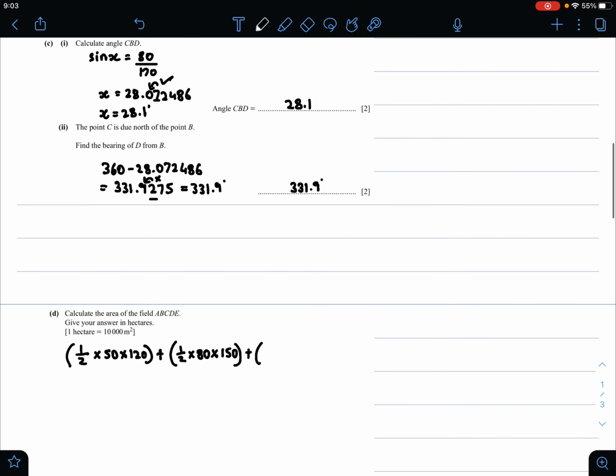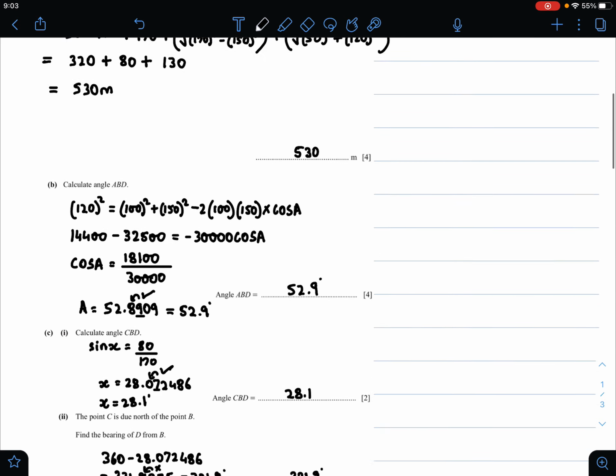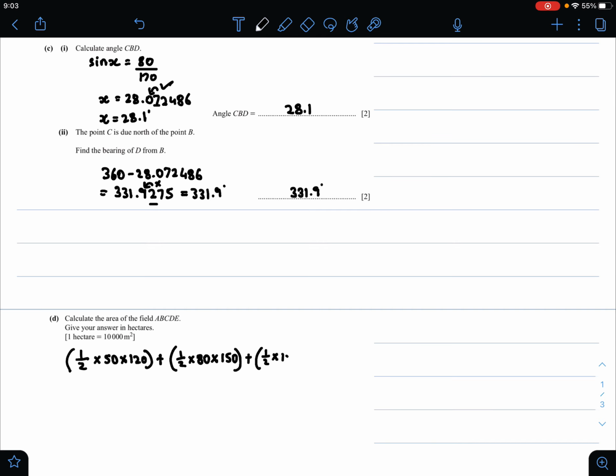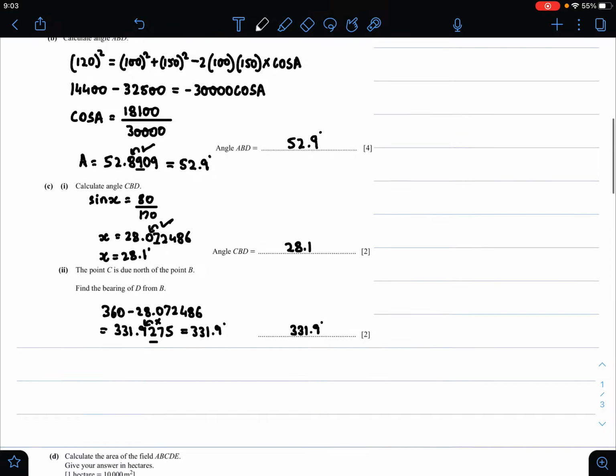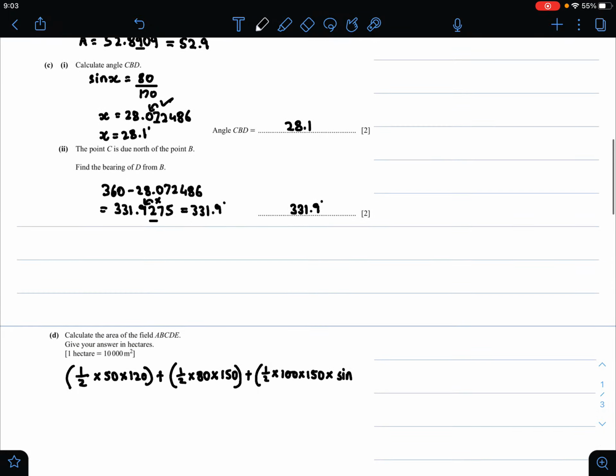So half multiplied by 100 multiplied by 150 multiplied by sine of the value of the angle ABD that we calculated above, which is 52.8909.